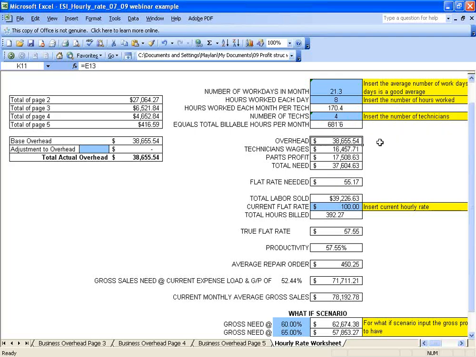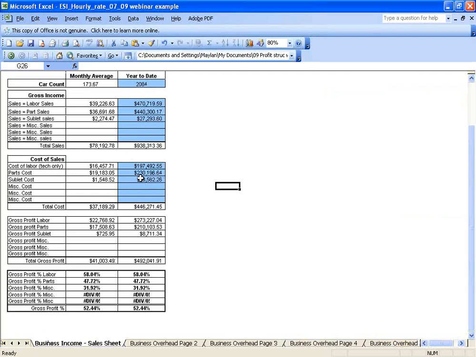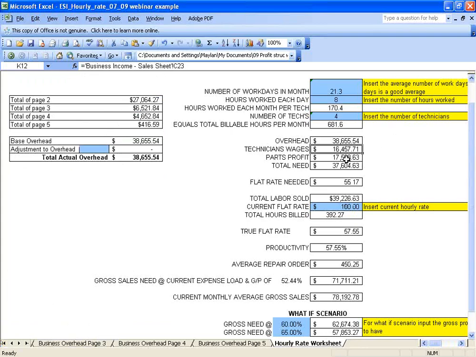This number here, the overhead number, comes from right here. The parts, the technician wages, comes from page 1 right here. So that's no input necessary by you. The parts profit comes from page 1 also. And what this means is this number of $37,604 means that our labor has to pay for that $37,604.